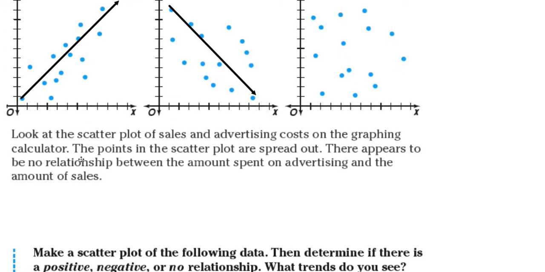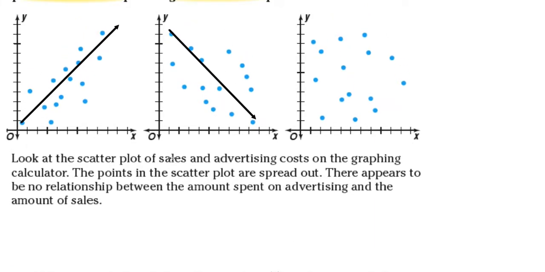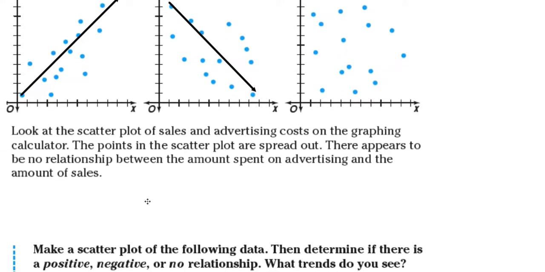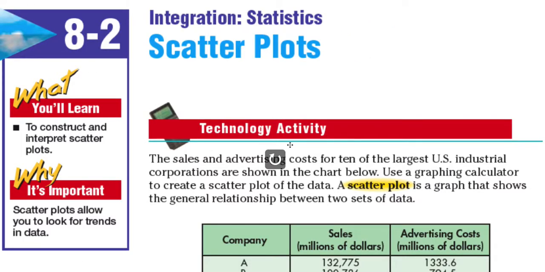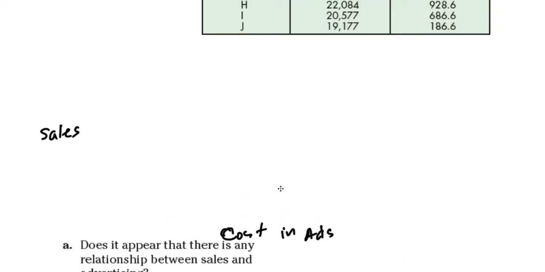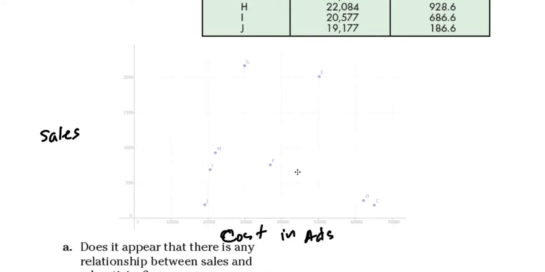So look at the scatter plot of sales and advertising costs on the graphing calculator, the one that we just did a few seconds ago. The points in the scatter plot are spread out. There appears to be no relationship between the amount spent on advertising and the amount of sales. Basically, this is what I'm saying. If we go down here in our plot, let me put that up again.